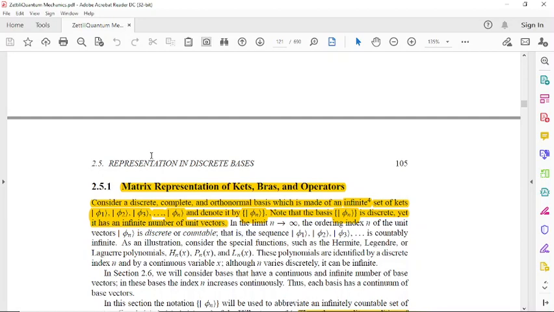Here, instead of i, j, k, we use ket phi 1, ket phi 2, ket phi 3 to ket phi n, and denote it by a set of ket phi n vectors. Note that the set of ket phi n is discrete, yet it has an infinite number of unit vectors.